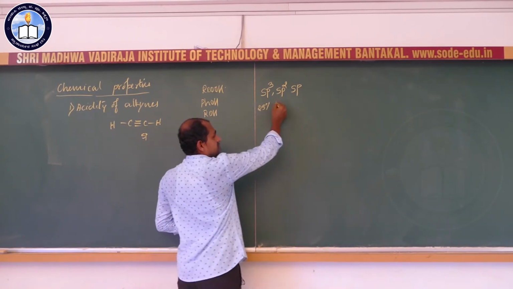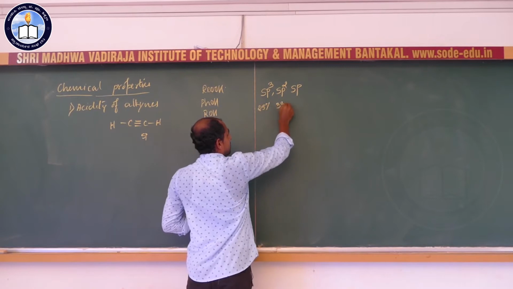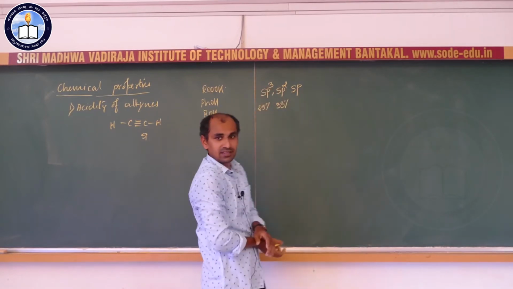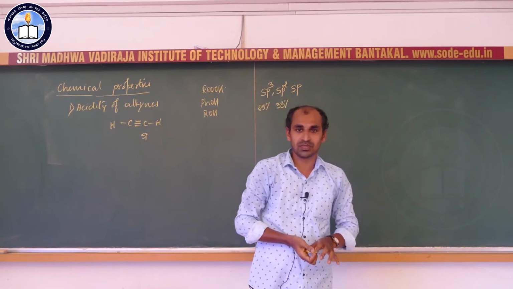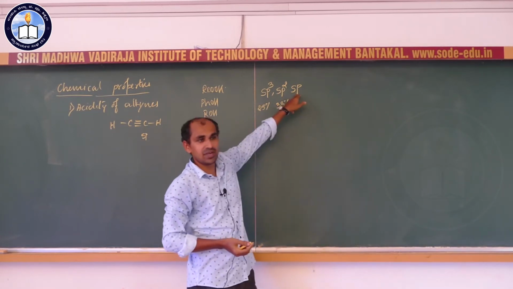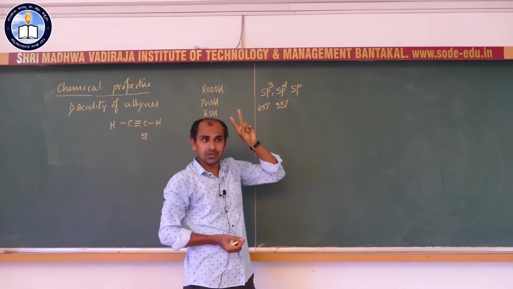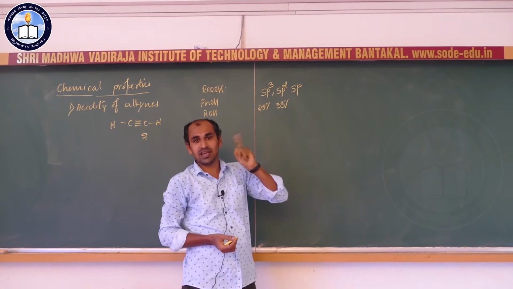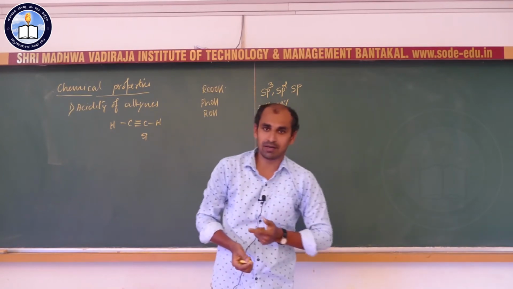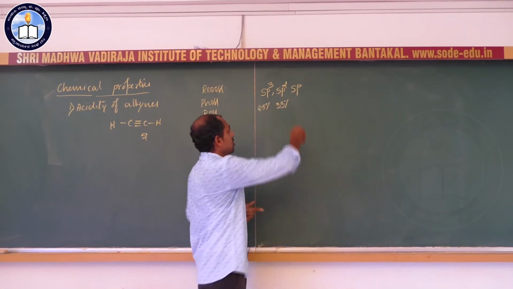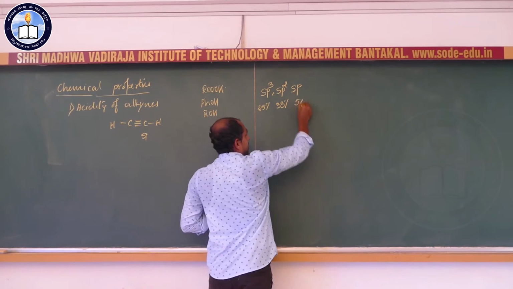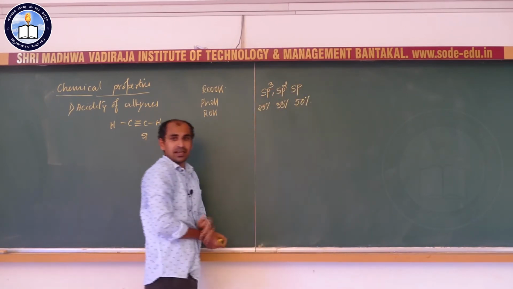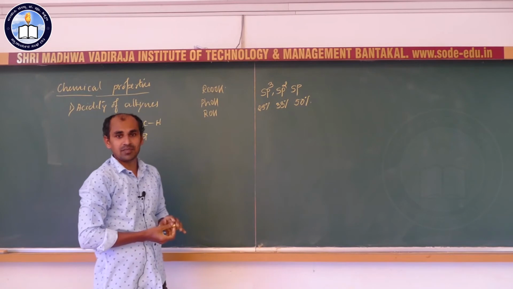So, the percentage of s property is 33% in the case of sp2 hybridization. But in the case of sp hybridization, there are only 2 hybrid orbitals, one is s, another one is p orbital, right. So, the percentage of s character is 50% in the case of sp hybridization.